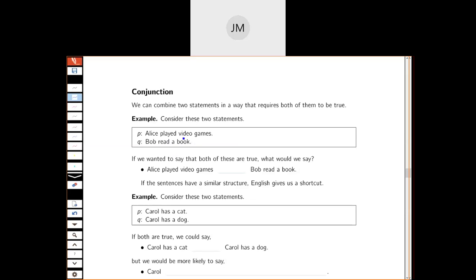That would work. I'm going to throw in the easiest word I can think of here to begin with, and then we'll go back through this in a minute and say, well, what are some of the other words that we could use? So while works.